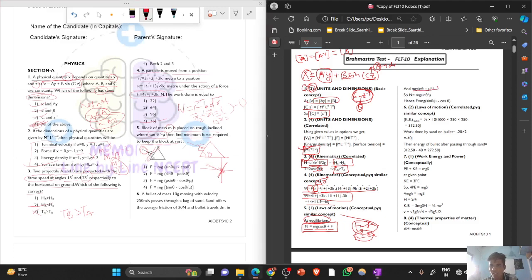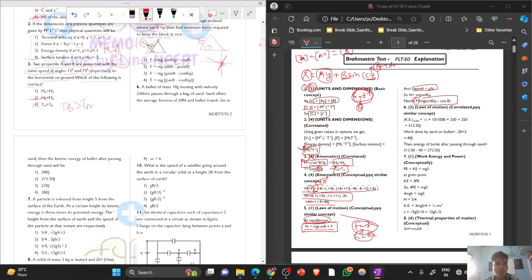Okay, mg sin theta equals this. Equating these two and solving for F, it comes out to be mg sin theta by mu minus cos theta. So your correct option will be option number 1. It's a conceptual question. A little bit you need to use numerical computation also here.